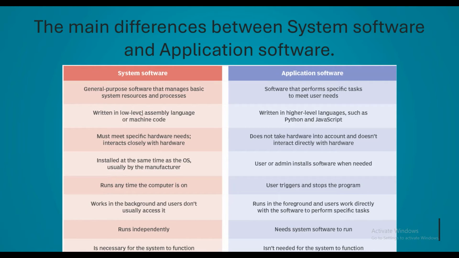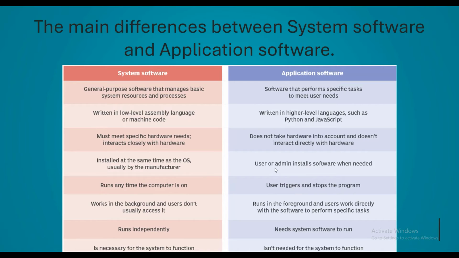And also, the system software runs anytime the computer is on. On the other hand, with application software the user triggers and stops the program when it's needed. The system software works in the background and users do not usually access it.